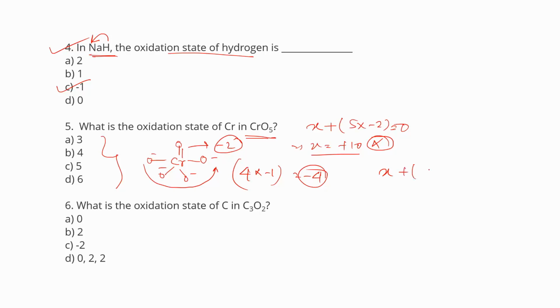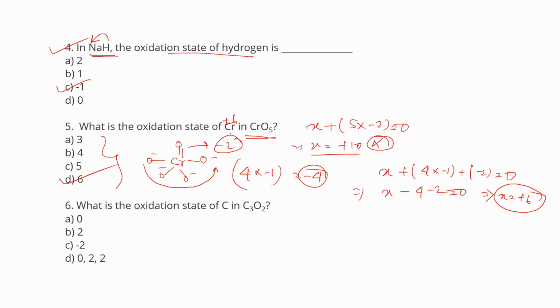So x plus 4 times -1 plus -2 equals 0, because it is neutral. So -4 minus 2, x equals +6. That is the correct answer. So here chromium has the +6 oxidation state.